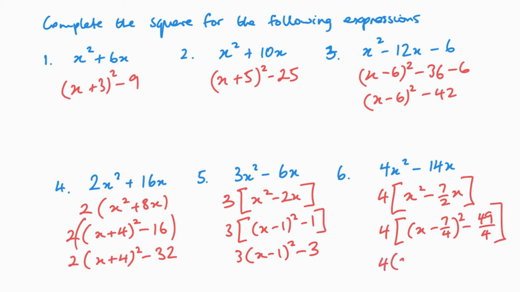So we have 4 times x minus 7 over 4 squared. Oh, apologies. Sorry, that should have been 49 over 16 there. Minus 49 over 4. I was thinking too far ahead, I was thinking of the 4 times the fraction already.